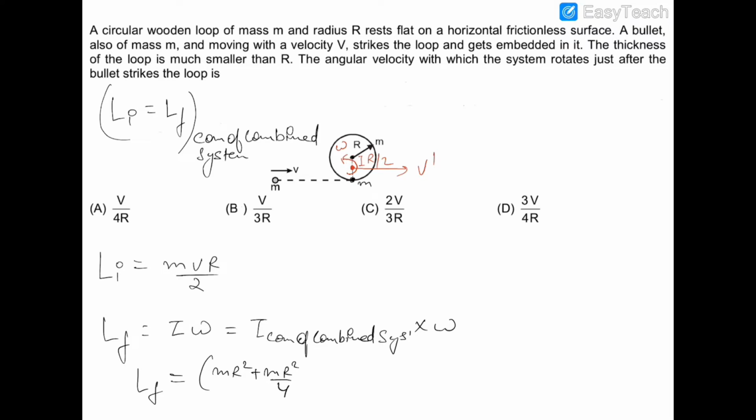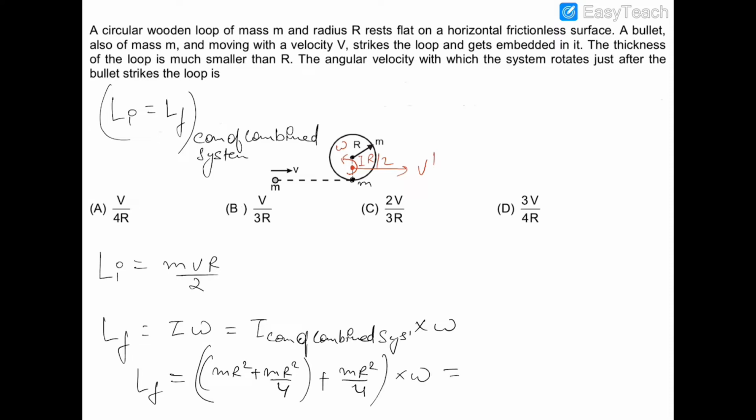Now we know that for the ring, the moment of inertia about its own center of mass is mr square, and about this point would be m into (r by 2) whole square, as well as, for this mass m, it would be mr square by 4 into omega.